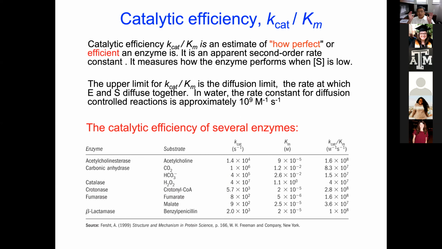But of course, it's not the case that every time it bumps into the enzyme, it forms a product. Sometimes it does, sometimes it does not. Here is a list of some kcat over Km values of enzyme-catalyzed reactions, and you see many of them are pretty close to diffusion control.